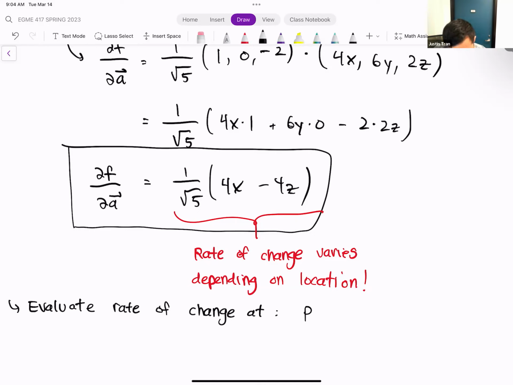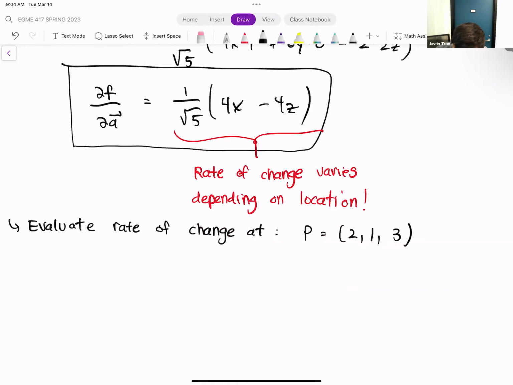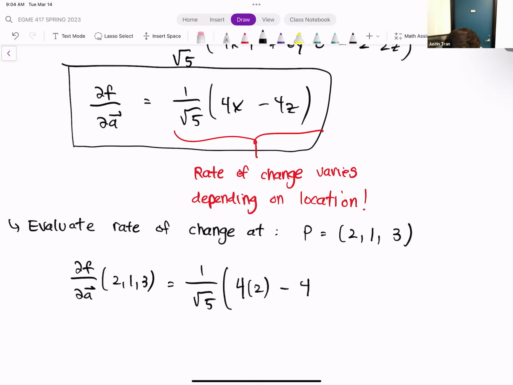So let's say for this example, let's evaluate this rate of change at the point 2, 1, 3. Let's go ahead and plug in for that. So partial f, partial a, at 2, 1, 3 equals 1 over root 5 times 4 times x, and our x in this case is 2, minus 4z, so 4 times 3.